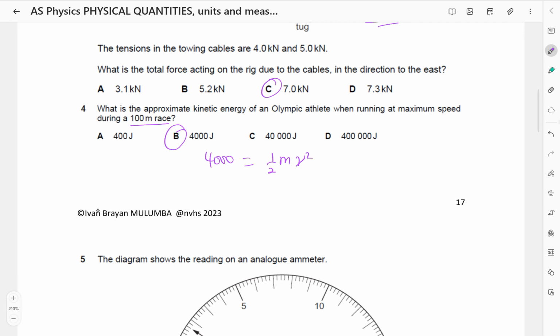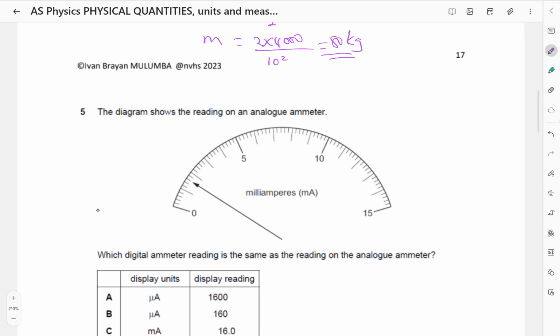We estimate that an athlete running very fast has v about 10 meters per second. So we try to check the mass. The mass is going to be 2 times 4,000 divided by 10 squared, which gives us 80 kilograms. This is a reasonable mass for an athlete, so the answer is B. You can check the other values, but the answer is B.